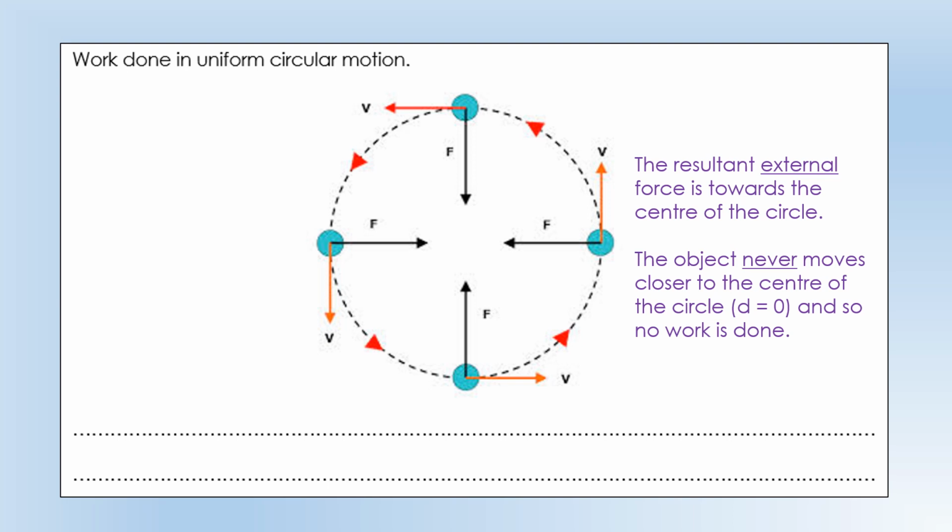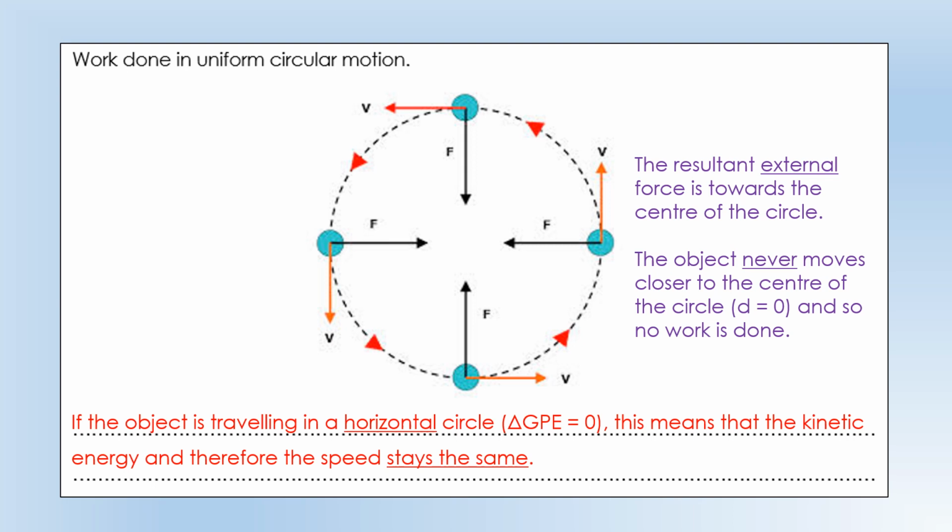And therefore, there is no work done by the force because it has traveled a distance of 0 parallel to the force. And this is why if you're traveling in a horizontal circle, which means your GPE isn't changing, the kinetic energy and therefore the speed stays the same. Because if there's no work done, there's no change in GPE, there cannot be a change in kinetic energy either.